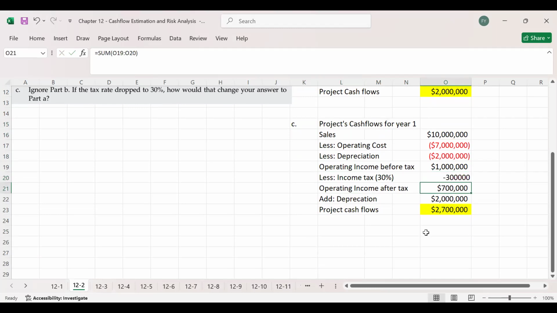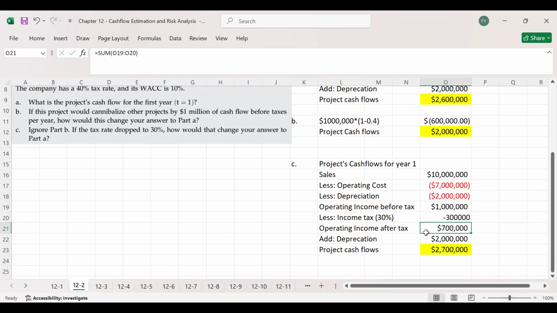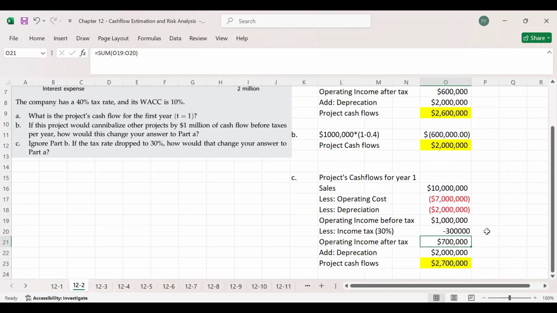So the answer would change in that the project cash flows would be increased by 1 lakh or $100,000. You can see previously when the tax rate was 40%, the project cash flow was 2.6 million, whereas when the tax rate is just 30%, the project cash flow is increased from 2.6 million to 2.7 million.